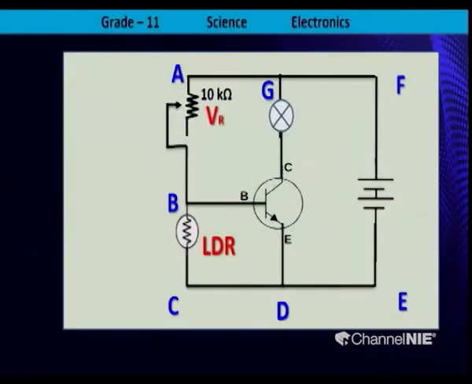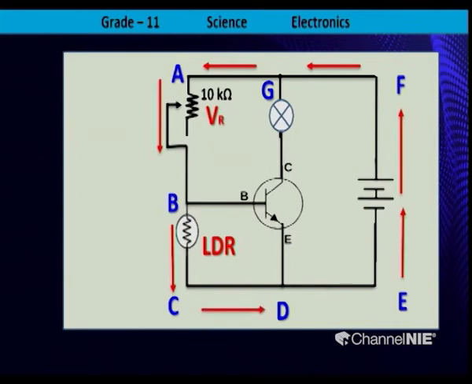You can see in this diagram, current passes from the dry cell to F, F to G, G to A to B, B to C through the LDR because light falls on that. When light falls, resistance decreases in the LDR.